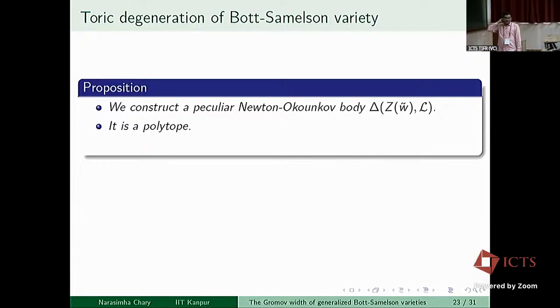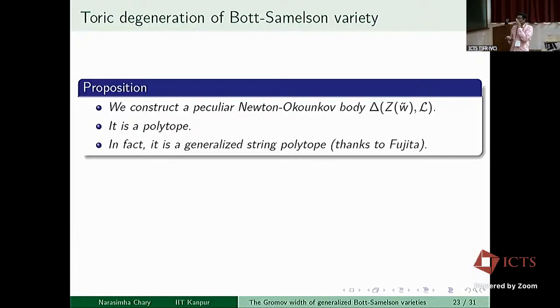But the problem is that their degenerations do not respect the polarizations. There you might not get the toric limit. The polytopes are not really polytopes, they are kind of a twisted cross polytope. So that is why we wanted to look for another degeneration, which we constructed.